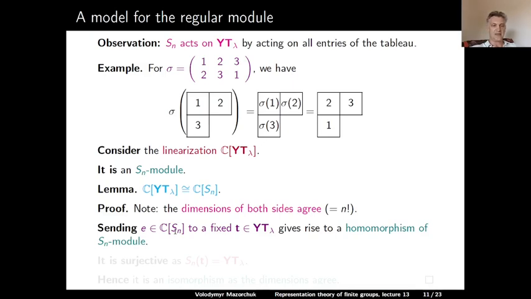So we can send this identity to a fixed element t in YT lambda, and this gives us a homomorphism of Sn modules. Since if we take this element t in YT lambda and apply Sn, we can get any other element in YT lambda, it follows that this homomorphism is surjective. And since the dimensions agree, it is also injective, so it is an isomorphism.